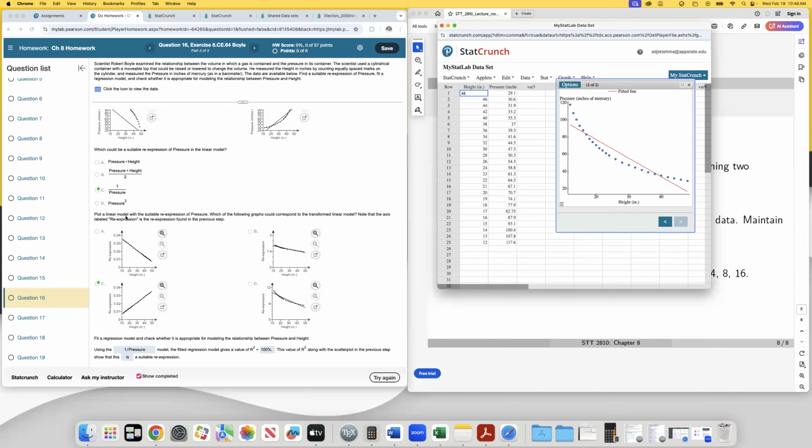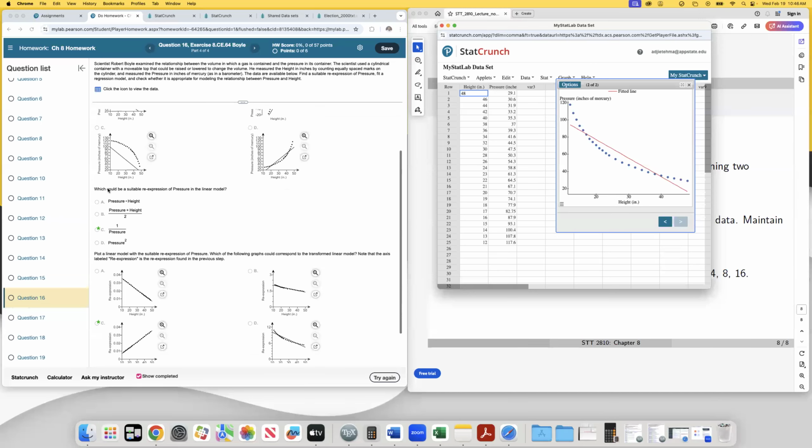And I knew from the problem, which says which could be a suitable re-expression, that you have to transform pressure. It says which could be a suitable re-expression of pressure. So I knew that because the question is asking what to transform.